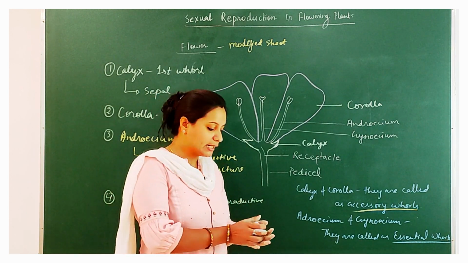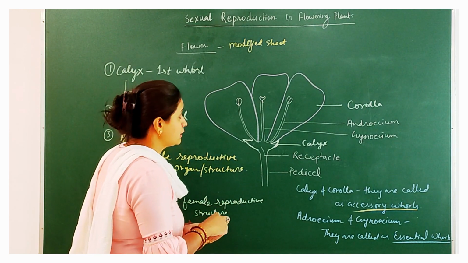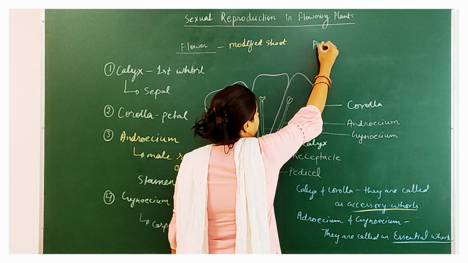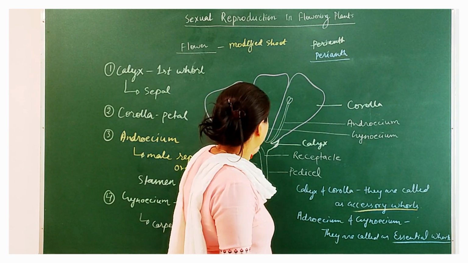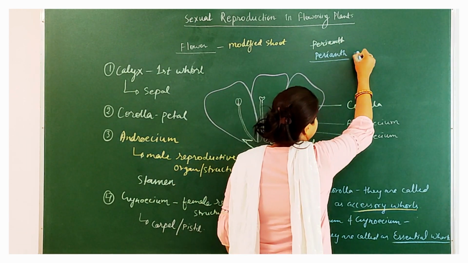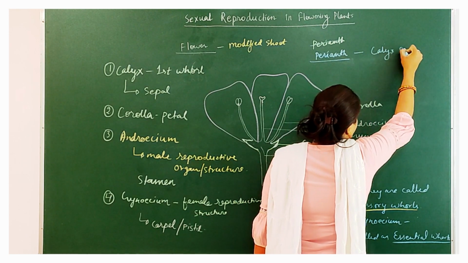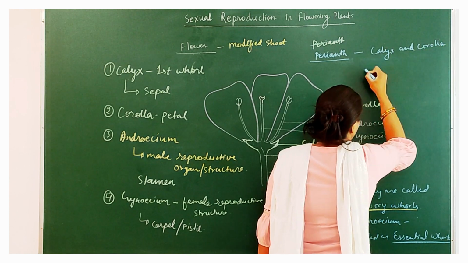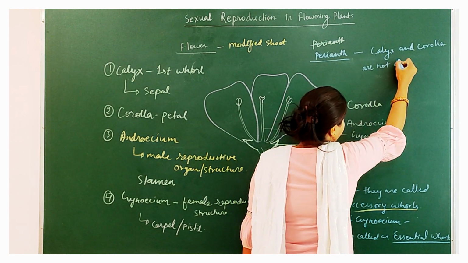In such flowers, the one unit that is present is called perianth. So, perianth is a condition where calyx and corolla are not differentiated.